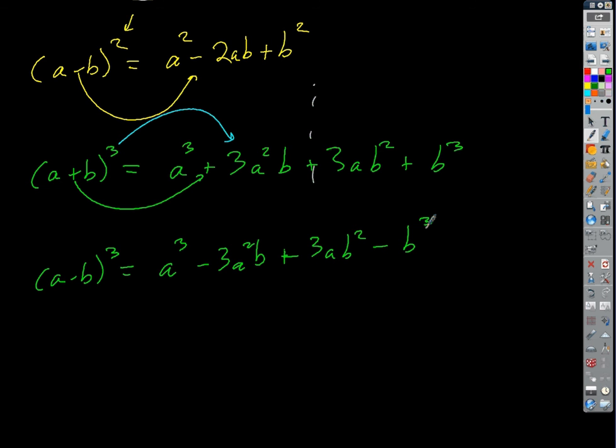If it's negative, it starts with a negative and it alternates. Which one? Up here? No, the second. Because this one's plus. The plus ones are always just plus. It's the negative ones that are going to alternate. They start negative, then they alternate. Negative, positive, negative, positive. Okay?